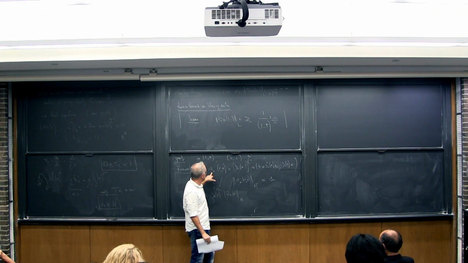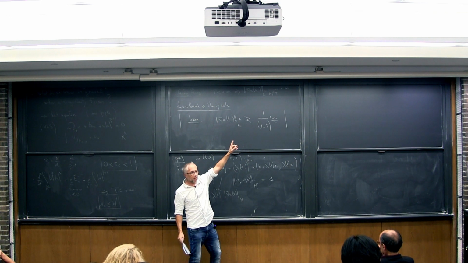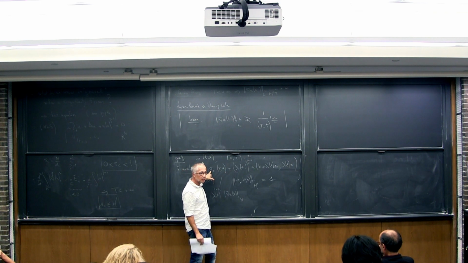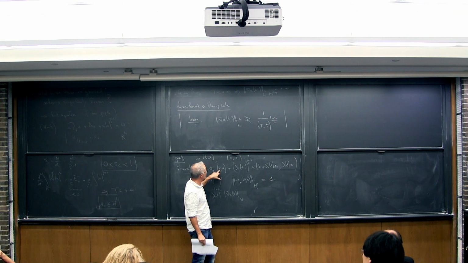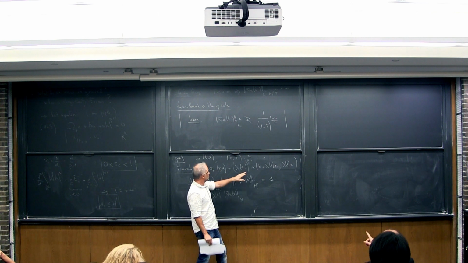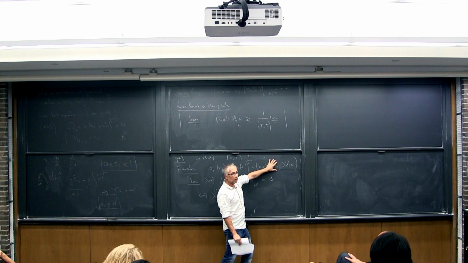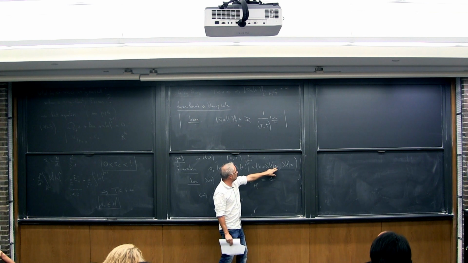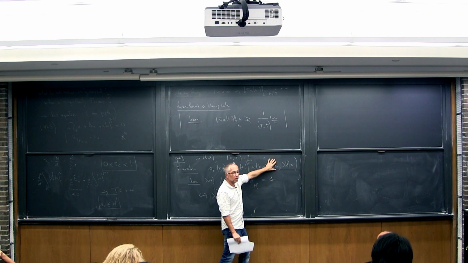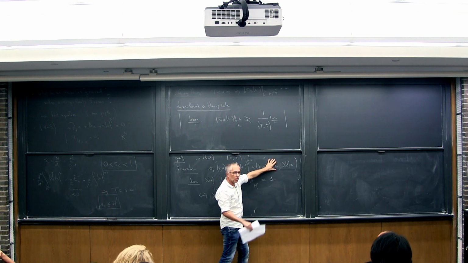So u is blowing up, and I renormalize so that at time tau equals 0, this is my new data. The time is tau now. This is my new data at time 0, and what I want is this data in a supercritical norm.